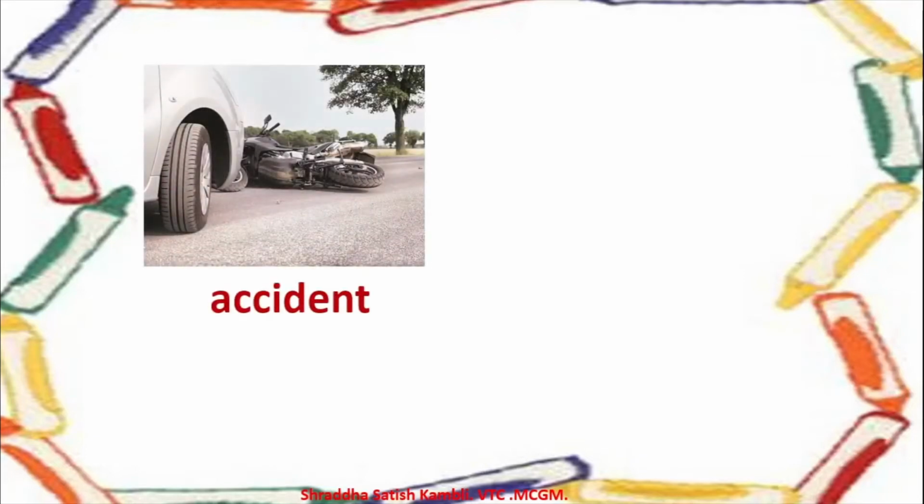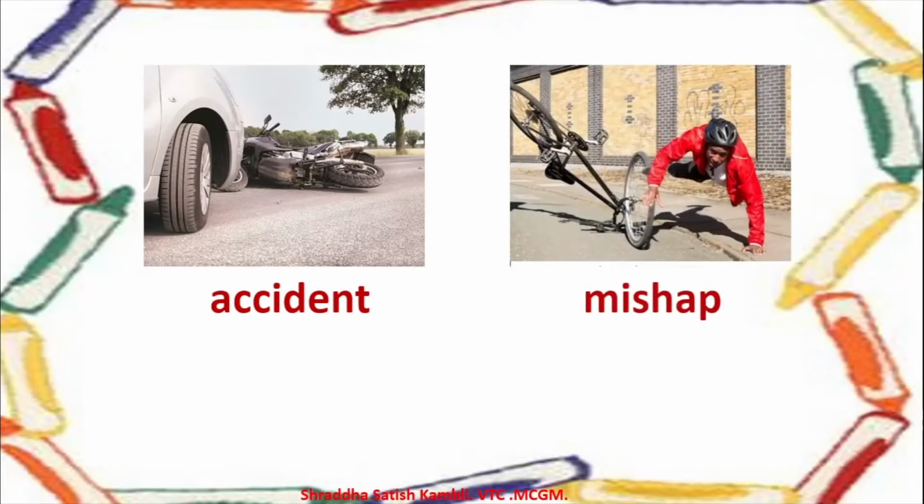Let us look at some more examples. So see here, accident is one word and mishap is another word. Now we are going to a slightly different angle here with synonyms. Now we are in standard 8th and we are a little grown up, so we have to learn things which are a little bit more on a higher level.